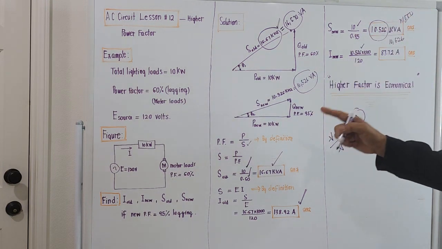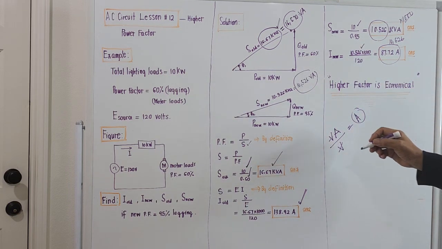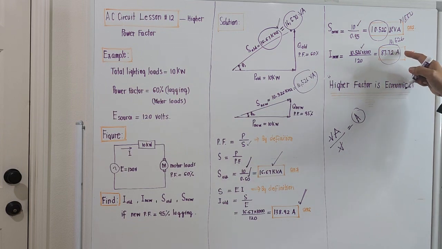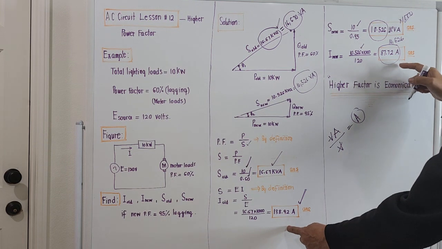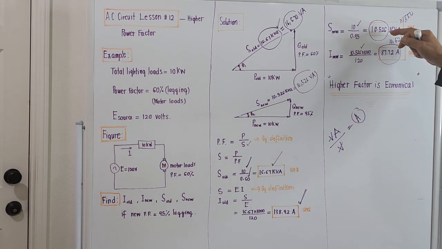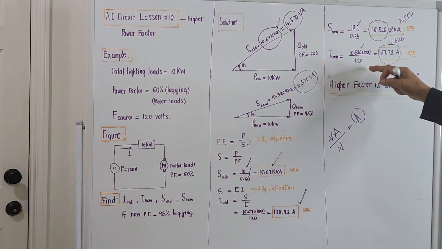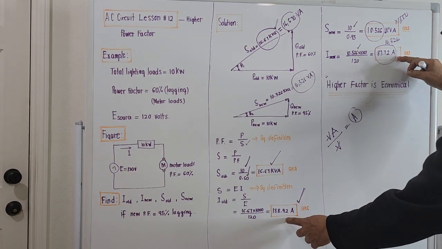What comes out for the new current is 87.72 amperes. Compared to the original current of 139, it's almost half. So by maintaining these motor loads, we could reduce the total apparent power by almost 5,000 volt-ampere, and reduce the current by almost half of the original 138.92 amperes.